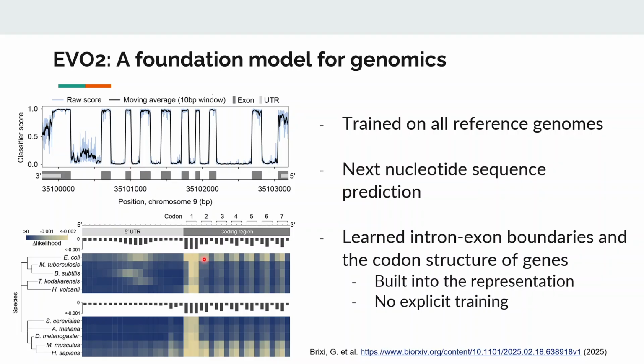And here, in this bottom picture, it tries to understand if the model can interpret the impact of a mutation. So in this case, it's taking a certain gene, right, and it applies a mutation, so basically changes the nucleotide.